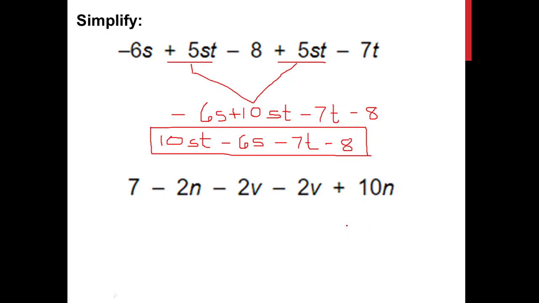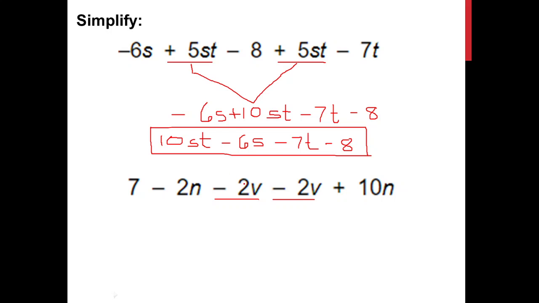Next, we have here 7 minus 2v minus 2v plus 10n. Again, we need to combine like terms. So in this manner, I can combine negative 2v and negative 2v. So here we have two negative integers.